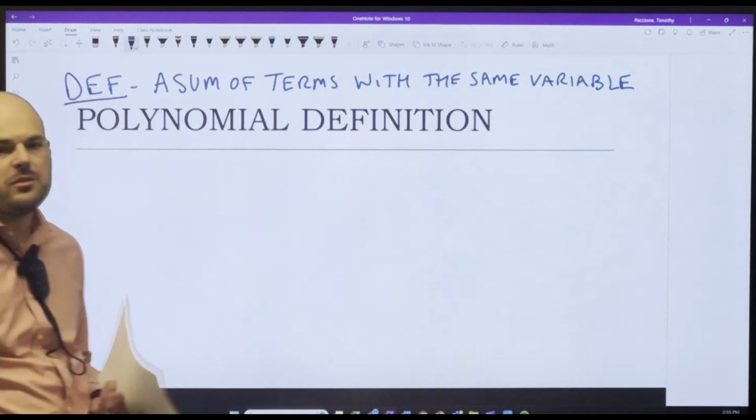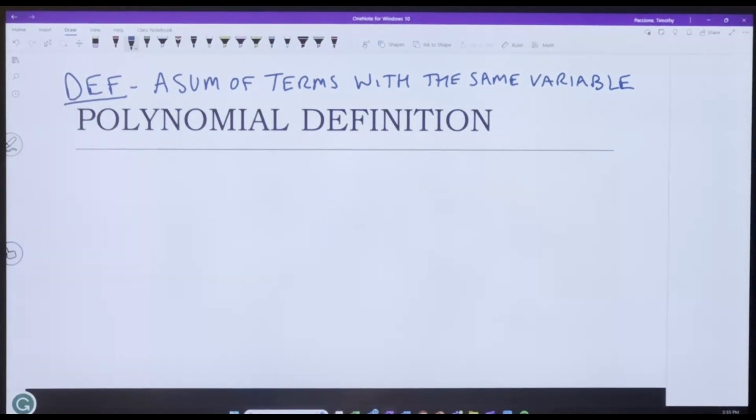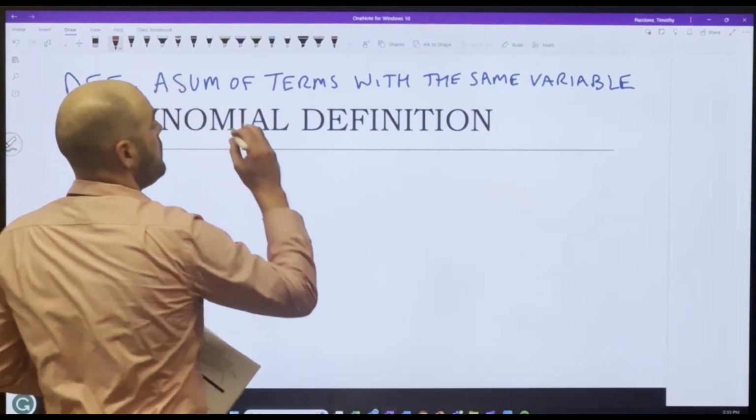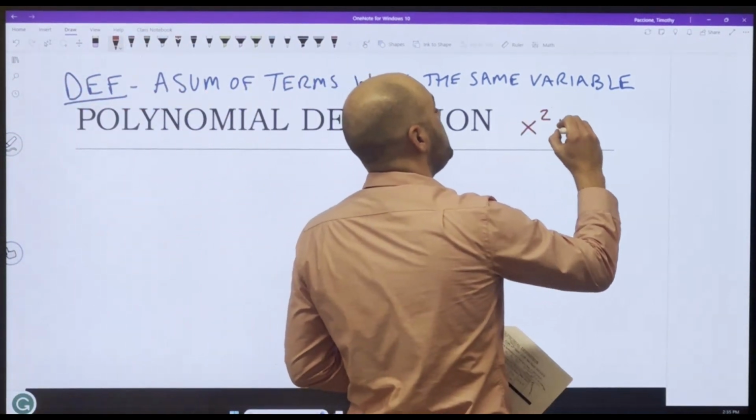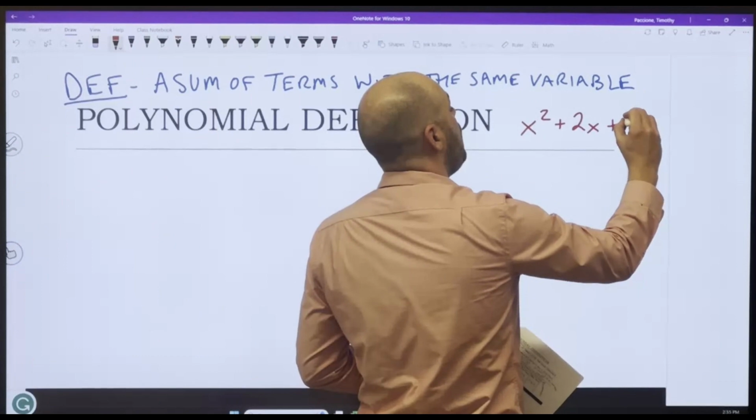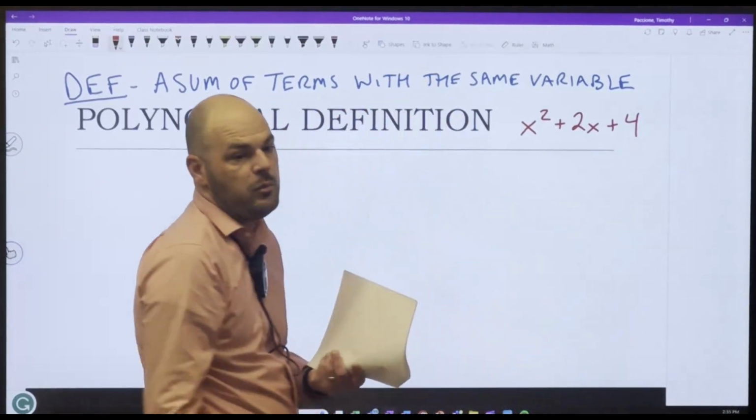Okay? The sum of terms, there's fancier ways to define it, but that's basically what it is. It's the sum of terms with the same variable. For instance, you could have x squared plus 2x plus 4.